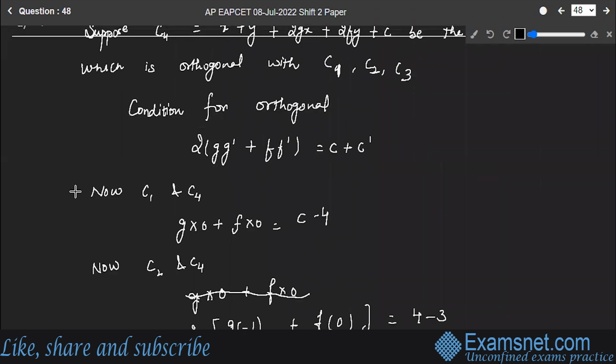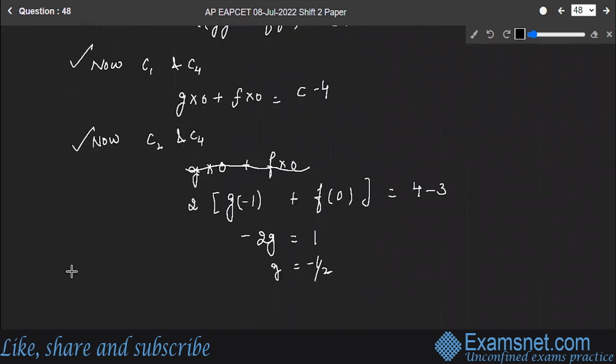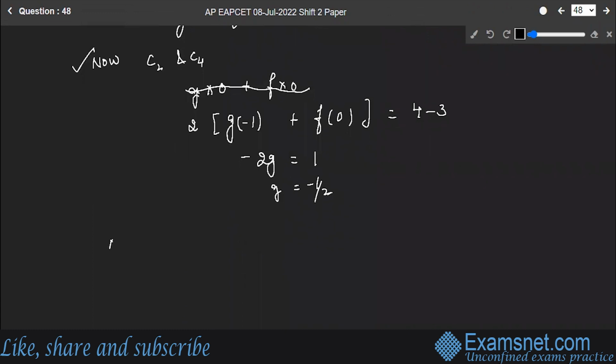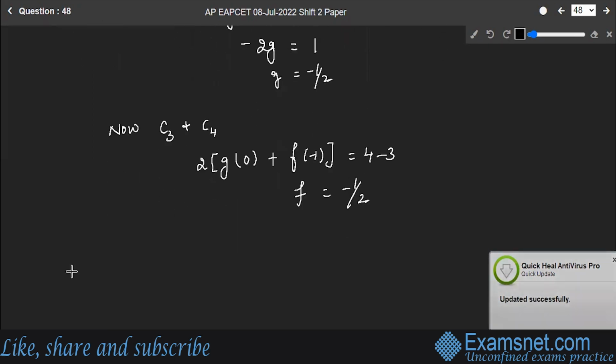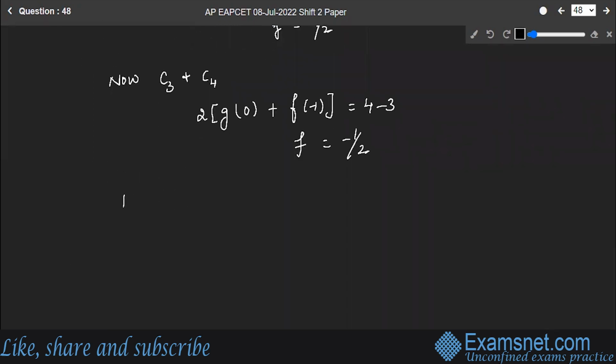We have done for the first and the fourth, second and the fourth. Now let's go for the third and the fourth. Now C3 and C4. This is equal to 2g multiplied by 0 plus f multiplied by minus 1 is equal to c minus 3, which will give you f is equal to minus 1 by 2. Now, what is the radius of C4?